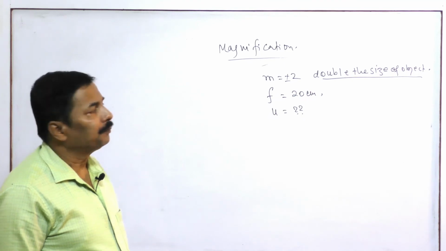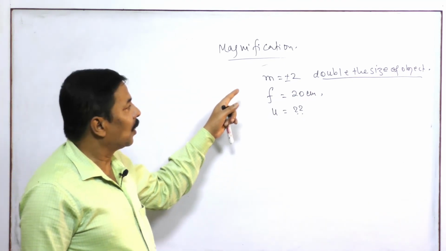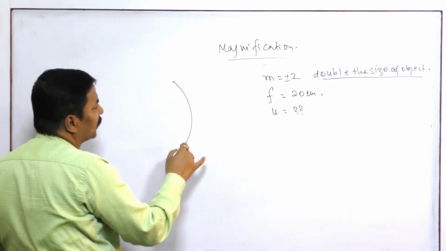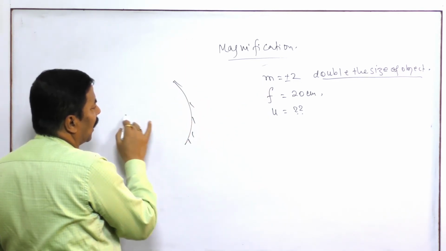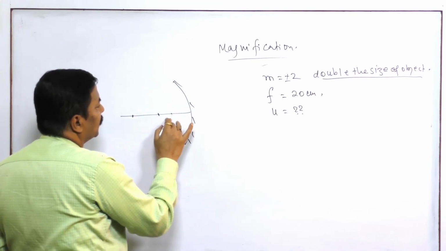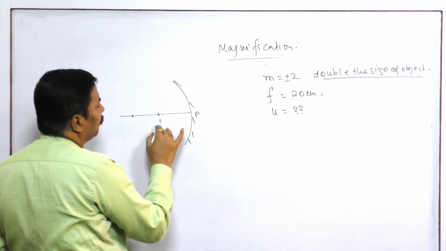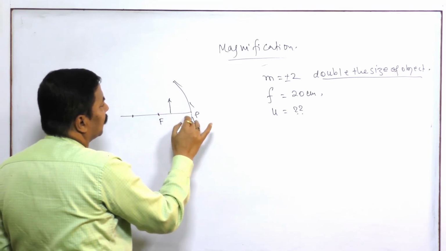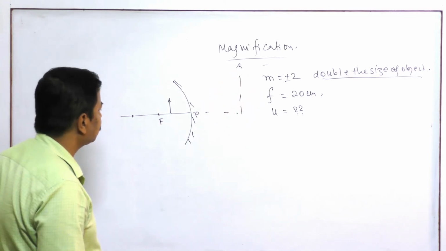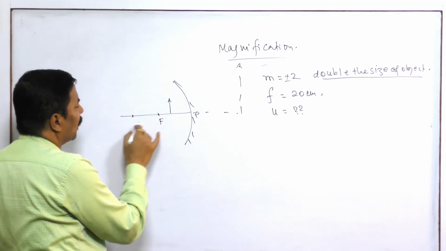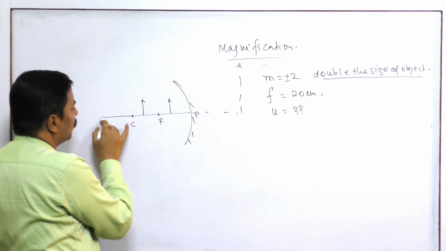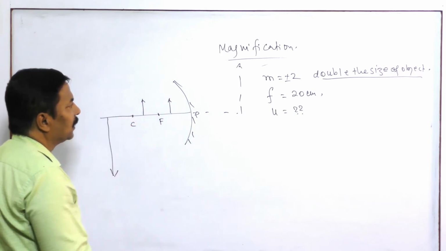Why plus minus 2? Because a concave mirror gives you a magnified image in 2 cases. Remember the ray diagram. In one case, if the object is between focus and pole, you get a magnified image, and if the object is between the focus and center of curvature, then also you get a magnified image.